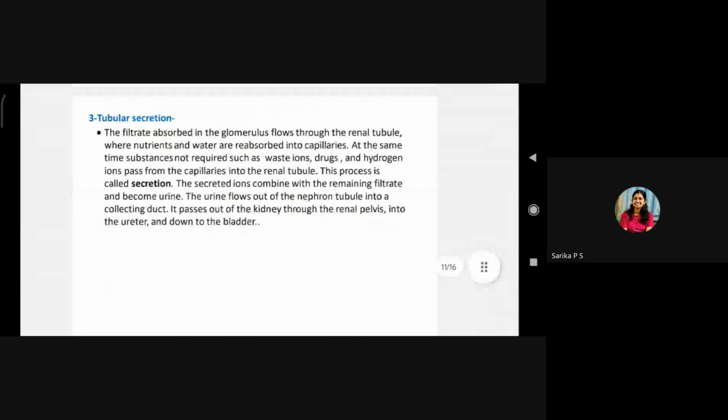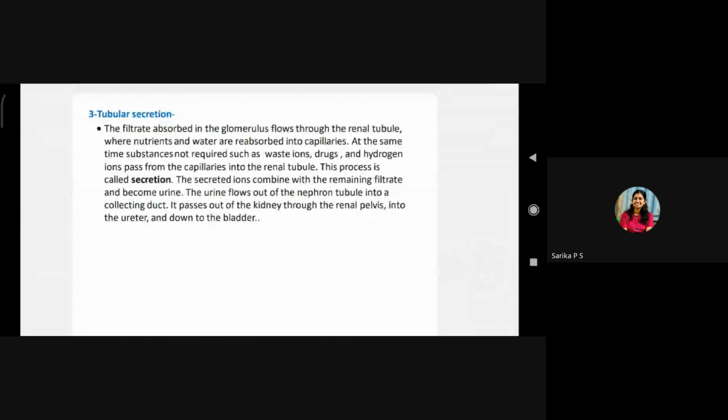Now, the third phase is tubular secretion. The filtrate absorbed in the glomerulus flows through the renal tubule when nutrients and water are reabsorbed into capillaries. At the same time, substances not required, such as waste ions, drugs, and hydrogen ions, pass from capillaries into the renal tubule.